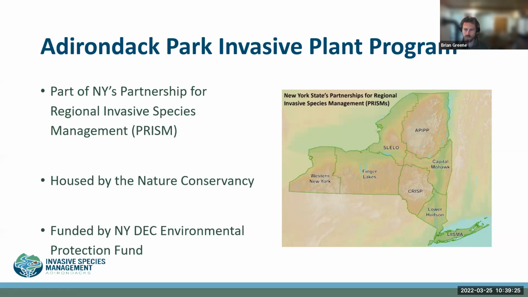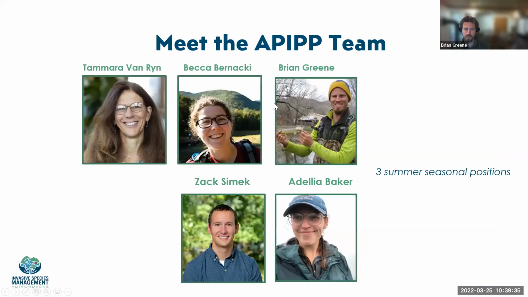Our goal is to work with all our partners, organizations, communities, and collaborators to help reduce the negative impacts of invasive species in our region. And it's not just me, I am the Aquatic Invasive Species Coordinator, but we have a whole team. I'm going to be talking about a broad range of projects that we do. So if you are interested in any of these, there's somebody that can answer your question and get you involved.